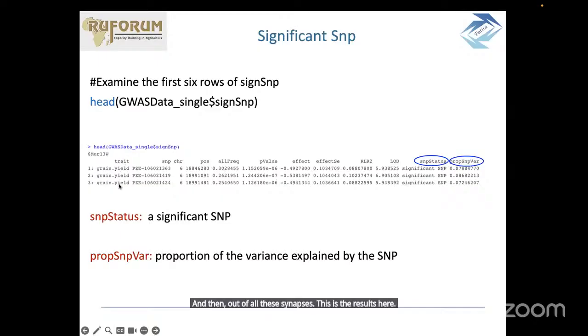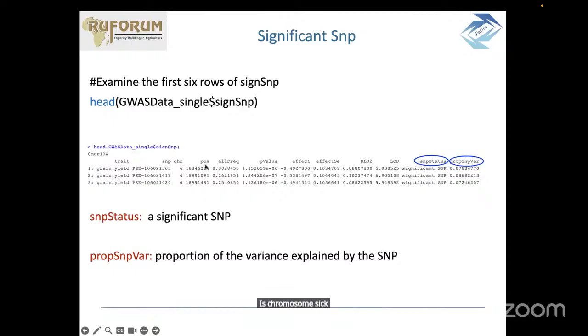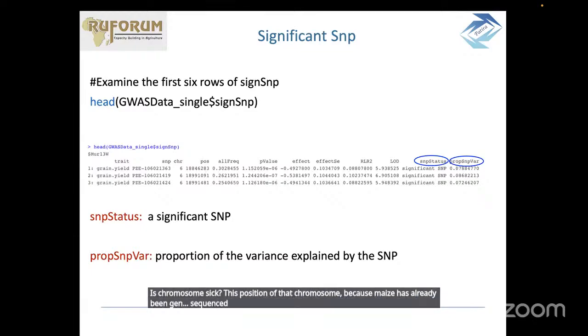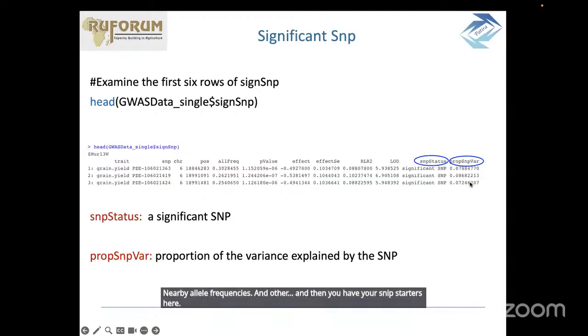The trait was grain yield, and these SNPs are contained on these chromosomes here. This is chromosome 6, this position of that chromosome, because maize has already been sequenced, and for some of these SNPs, they know where they are. You have your allele frequencies and others, and then you have your SNP status here. You have the proportion of variance of the SNP.